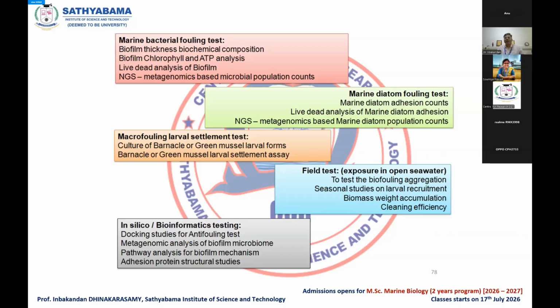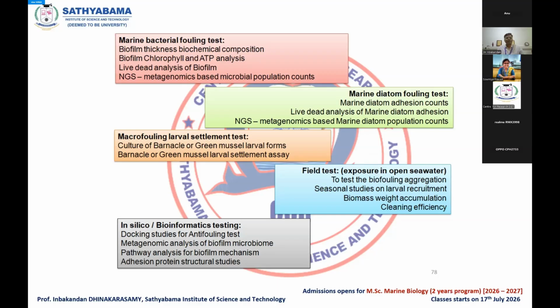And apart from that, in marine diatom fouling, we are working on how the diatom is adhered to the surface, and we have already developed a technology to count those diatom, and we have also developed technology for live dead analysis of those diatom, as well as we are working on next generation based enumeration of marine diatom populations.